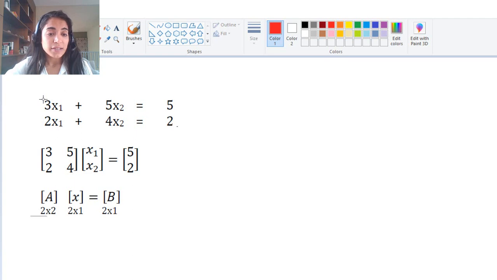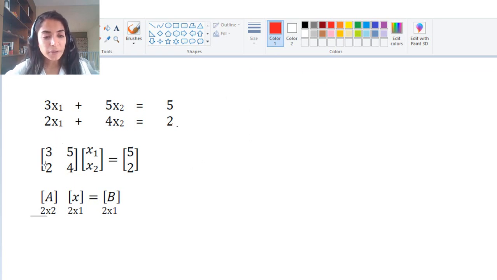What I'm gonna do, guys, I'm gonna take the coefficients of the first equation and put them in the first row of this matrix, the coefficients of the second equation and put them in the second row of this matrix, and then I should put here times a column vector that is the column of all the unknowns, which is here only x1 and x2, and then equal to this column vector, which is the constants after the equal sign, 5, 2. Now, guys, remember how we did the multiplication? You can verify your answer.